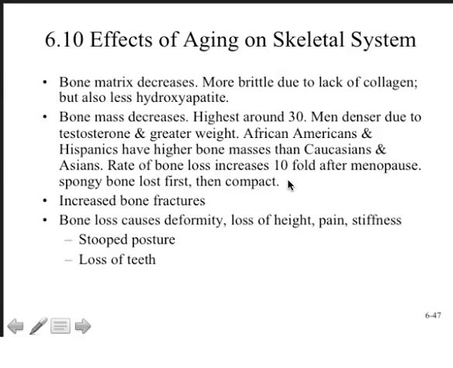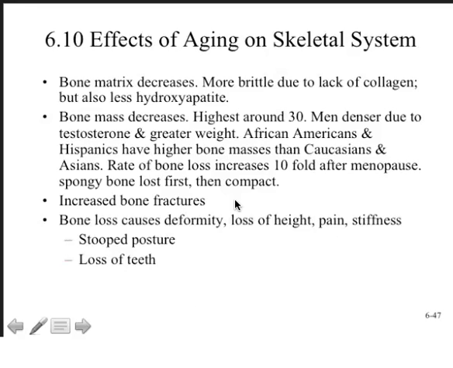We also see increased risk of bone fracture, and the reason for that, again, is the loss in bone density. Bone loss can cause deformity and, of course, a reduction in height because of the applied force to the softening bone, causing it to compress. We also see a lot of stiffness.